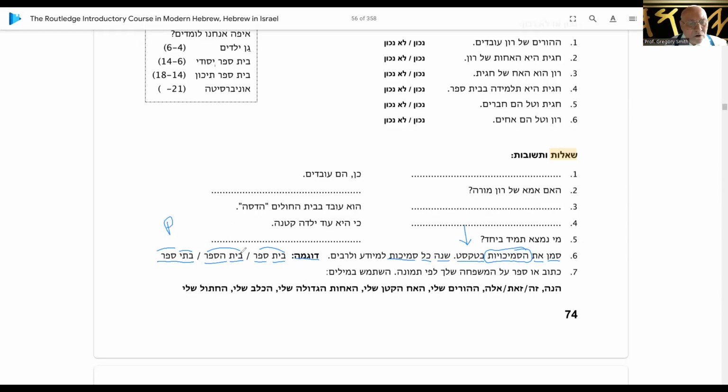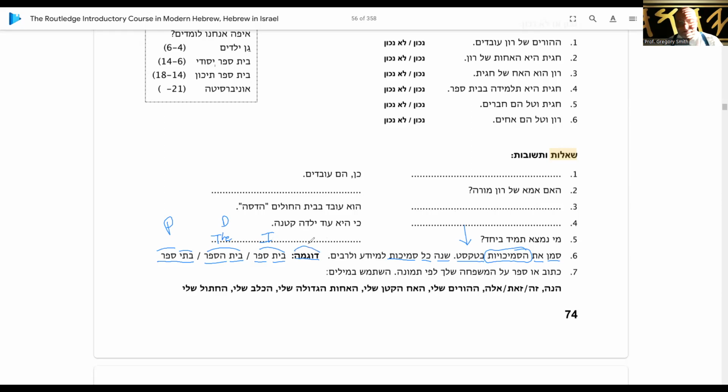Batei Sefer, schools, and Beit HaSefer is the school. So that's definite. And then Beit Sefer is just school, so this is indefinite. So that's what's in the dugma.